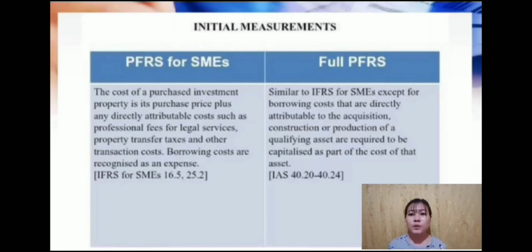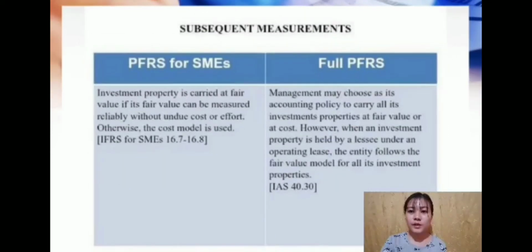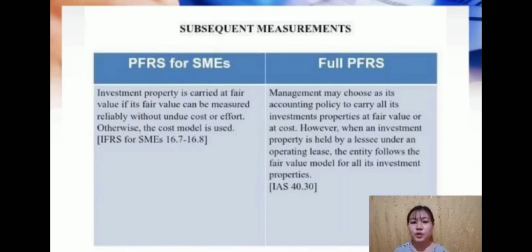Initial measurement under full PFRS is similar to PFRS for SMEs, except that borrowing costs directly attributable to the acquisition, construction, or production of a qualifying asset are required to be capitalized as part of the cost of that asset. Next, we have subsequent measurement.